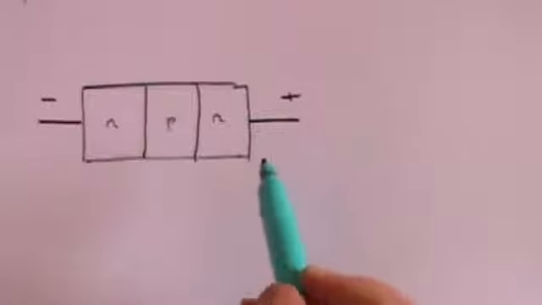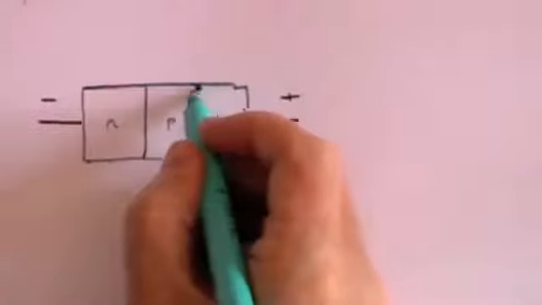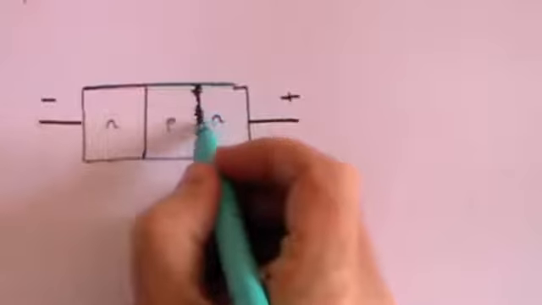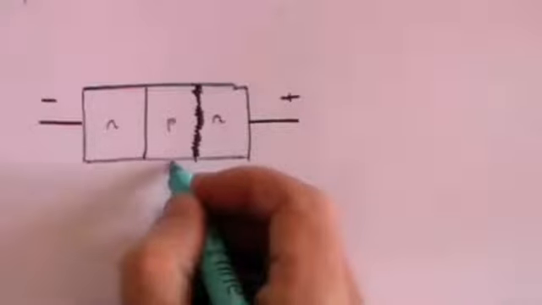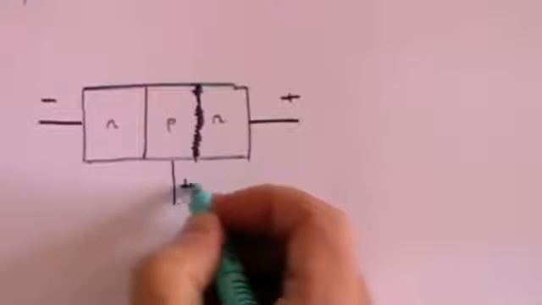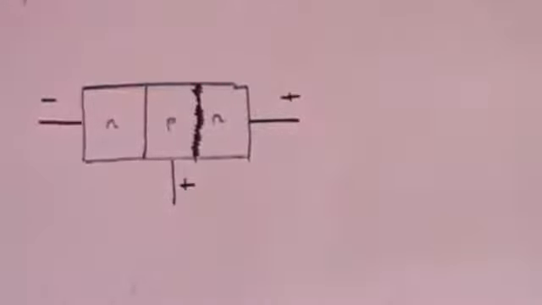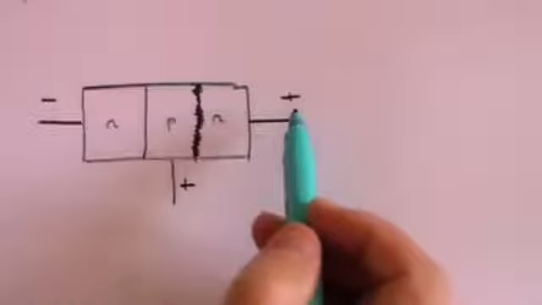But in fact, they don't, because there's what's called a depletion layer, which builds up at this junction, and which I describe in the earlier video, that essentially stops the electrons from flowing. But if you put a positive charge at that point, then the electrons will indeed flow across.